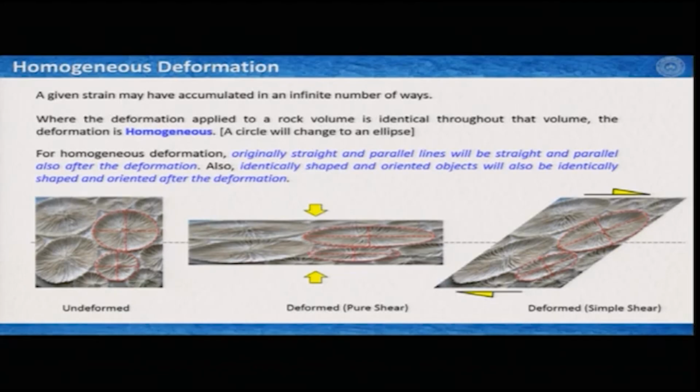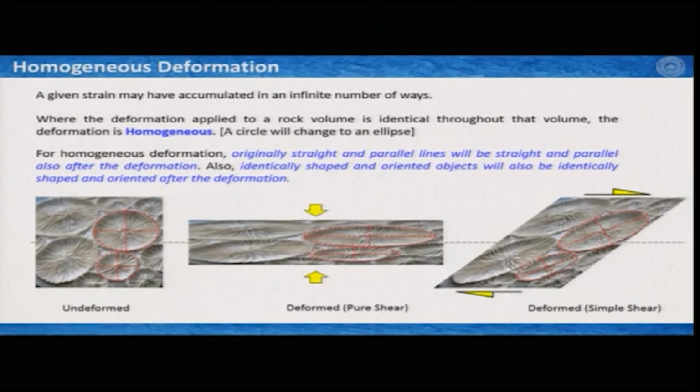For homogeneous deformation, characteristically you can appreciate it if originally straight and parallel lines remain straight and parallel after the deformation. You can also consider that identically shaped and oriented objects will also be identically shaped and oriented after the deformation.